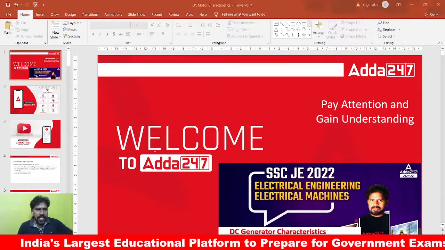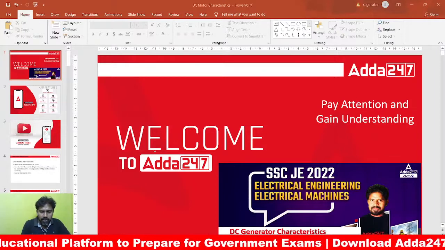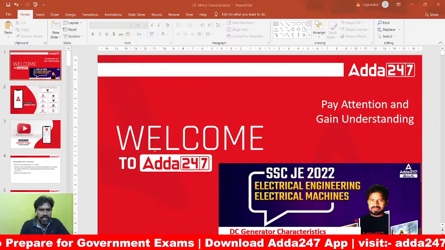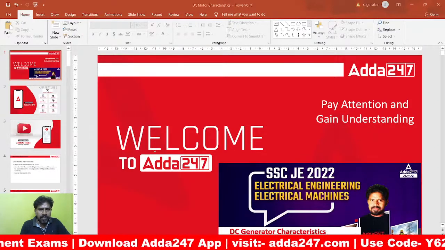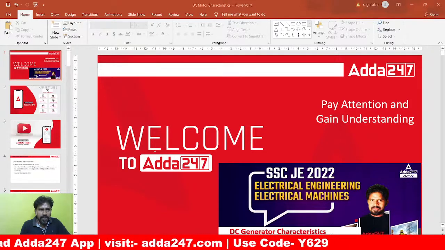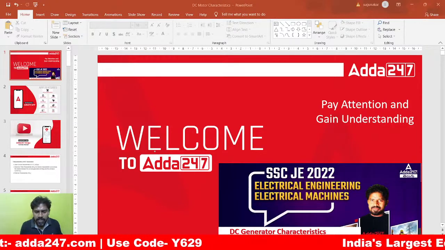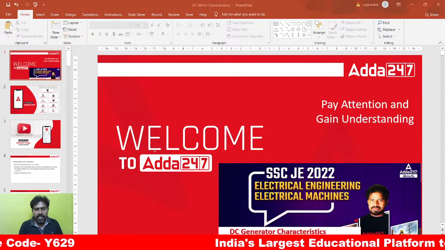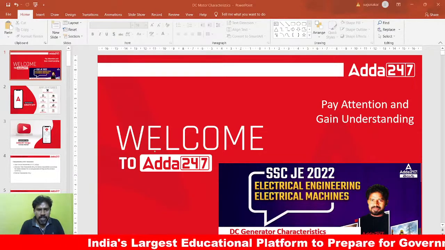So this is the general representation. How is it going to be drawn? For the DC series motor and DC shunt motor, we will definitely get it. Now you can see the same characteristics we are going to draw for the DC series generator, DC shunt generator and DC compound generator.